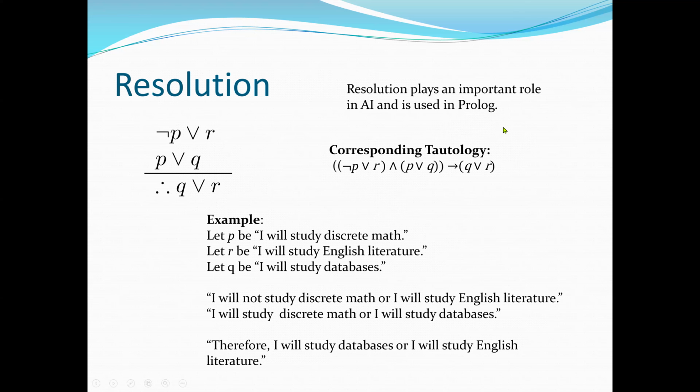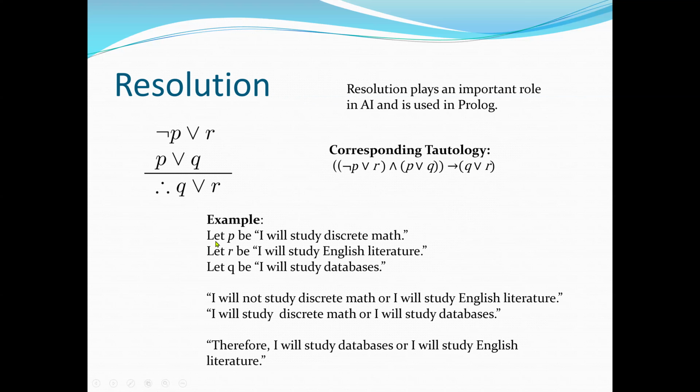And also it's very good for writing expert system applications where you have if-then rules. So this is the corresponding tautology. Not P or R, and P or Q implies Q or R.